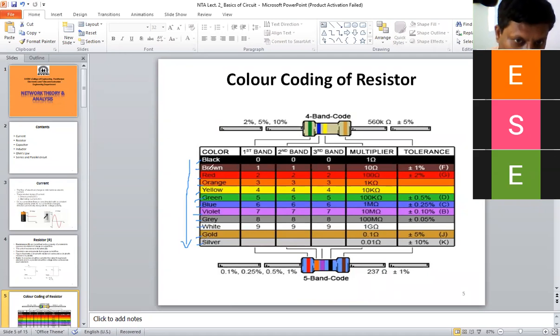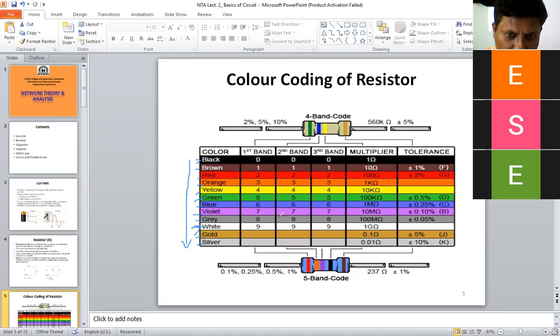In BB Roy, the main confusion is that B stands for three colors: black, brown, and blue. So always start from black, and the end of the colors is white. The colors are present between black and white. Gold and silver are the tolerance.